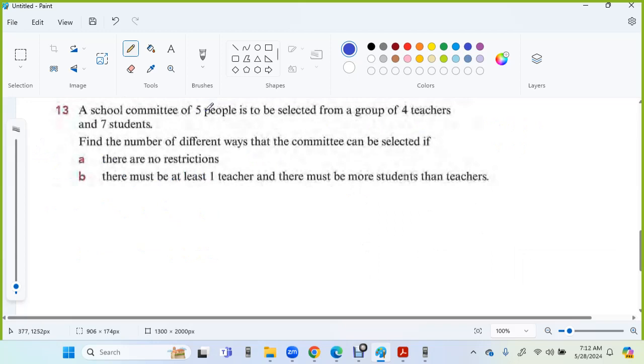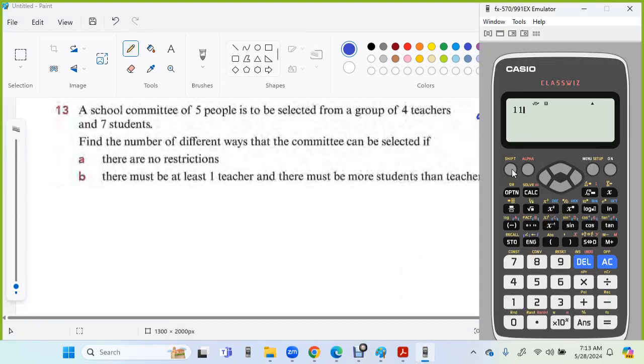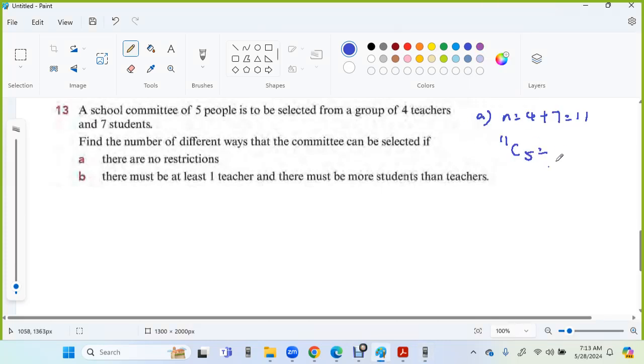A school committee of 5 people is to be selected from a group of 4 teachers and 7 students. No restriction. So A here, no restriction. So we have n is 4 plus 7, then 11. So this is 11 choose 5. Then this will be 462.